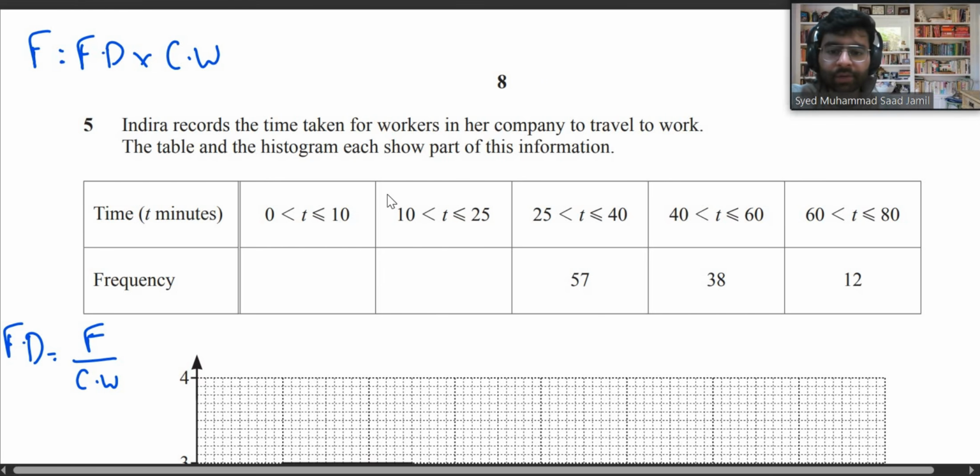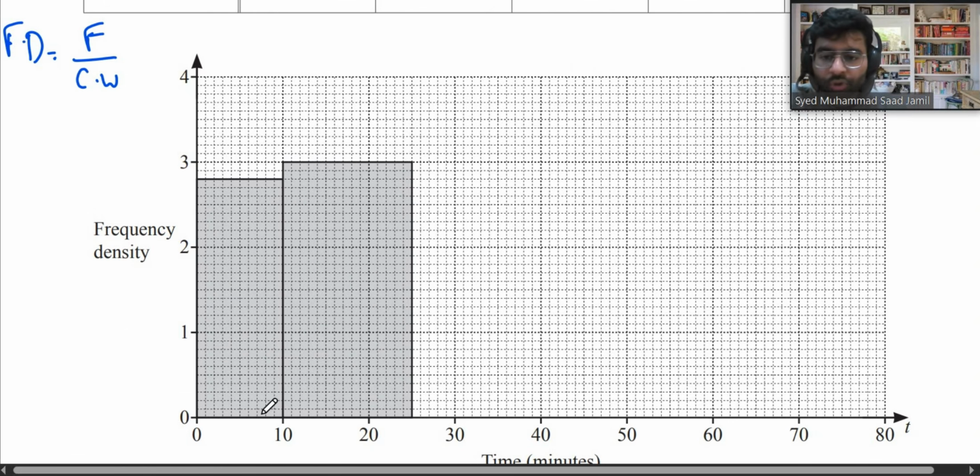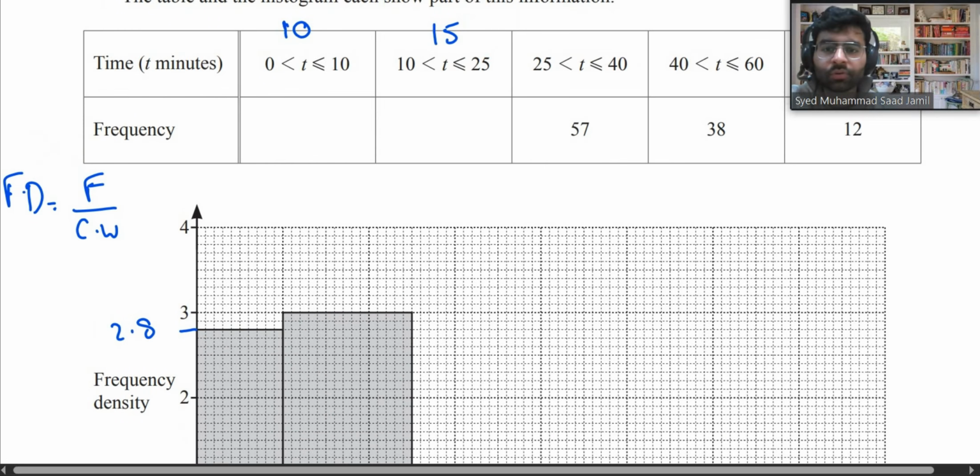The big number minus the small number is class width. So the class width for this is 10. From 0 to 10, if you look, each box is 0.1, so for the first one it's 2.8. So 10 multiplied by 2.8 will give you 28.